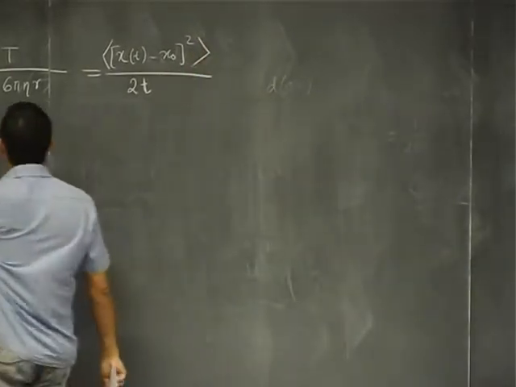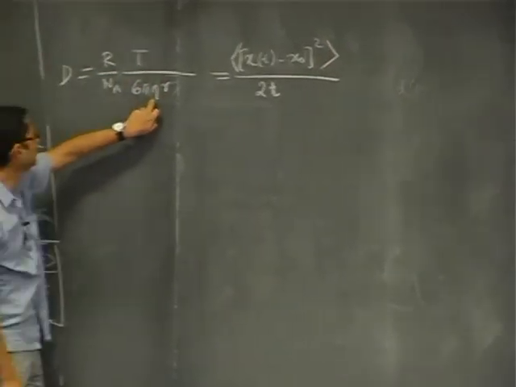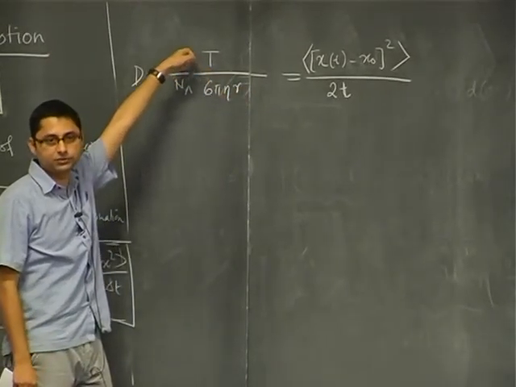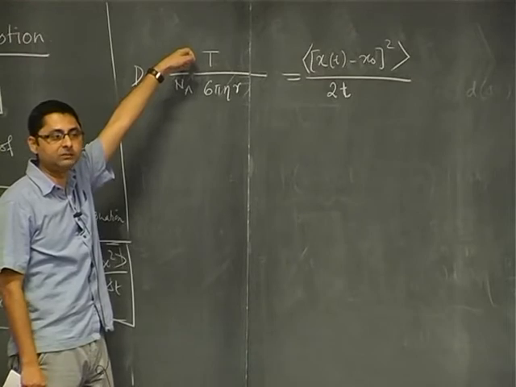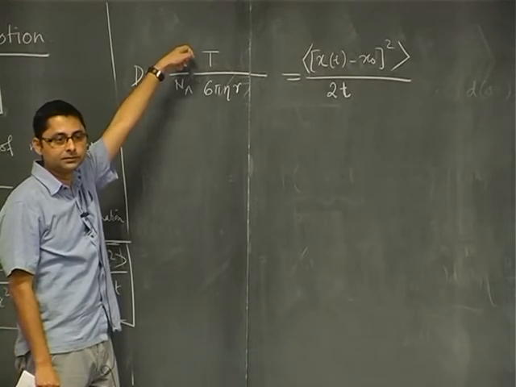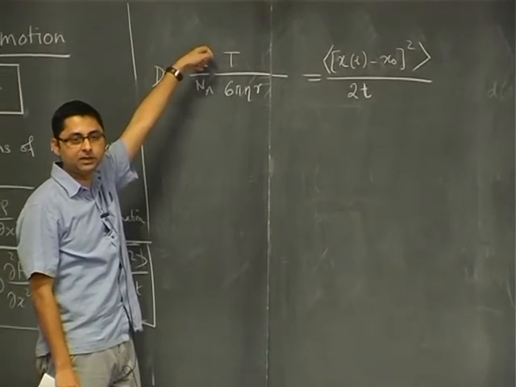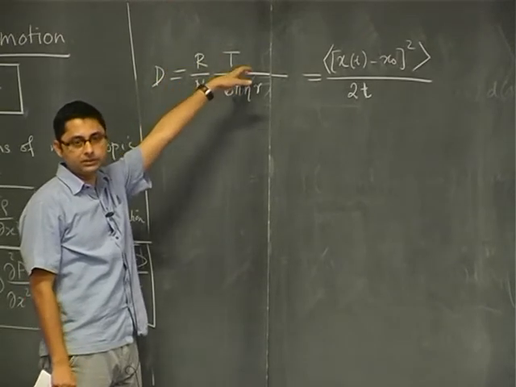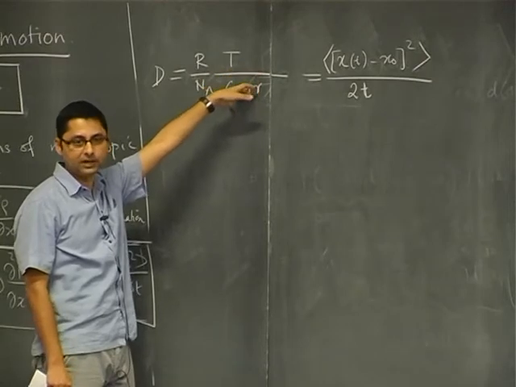On the left hand side you can measure T, you can measure eta, you can measure R, and the gas constant is known by other measurements very accurately. So what is remaining? The Avogadro's number.